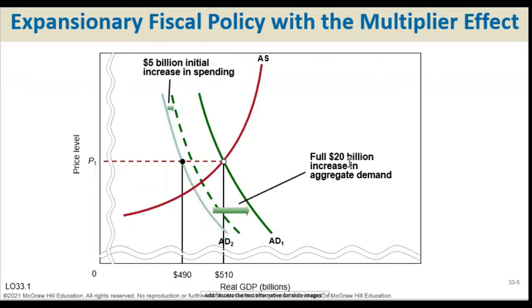In an economy with a marginal propensity to consume of 0.75, as we alluded to in the previous chapter, a 5 billion increase in government spending, or a 6.67 billion decrease in government taxes, will expand the economy from AD2 to this discontinued curve, and the multiplier will push it all the way to AD1.